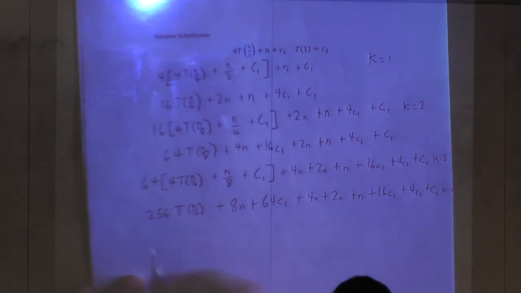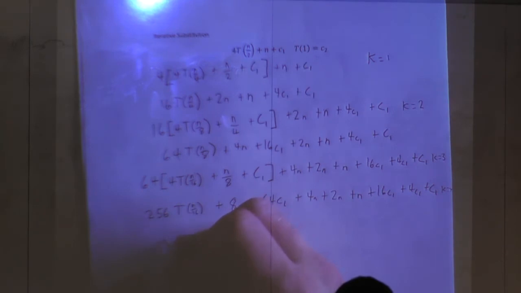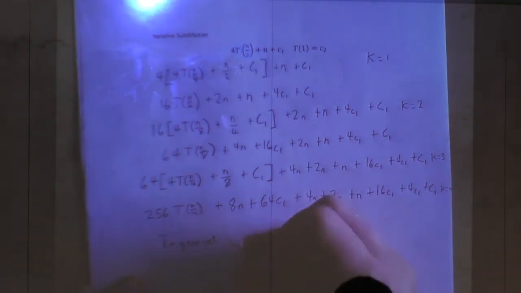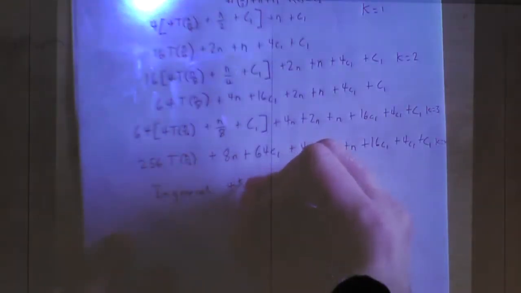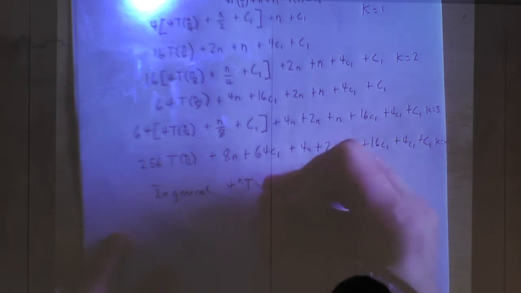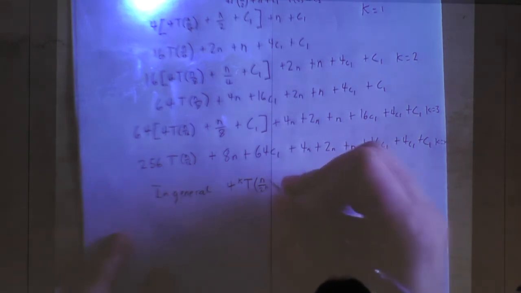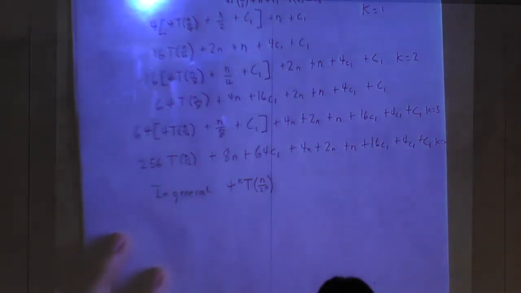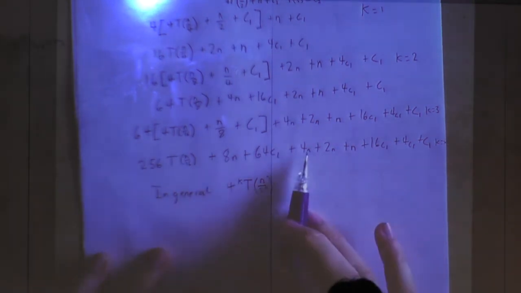This 256 right here, we can write as 4 to the k. So in general, we have 4 to the k t of n over 2 to the k, right? That's the usual pattern when you divide by 2, it just ends up being n over 2 to the k.